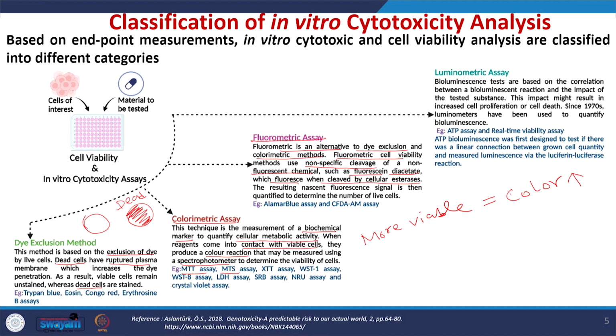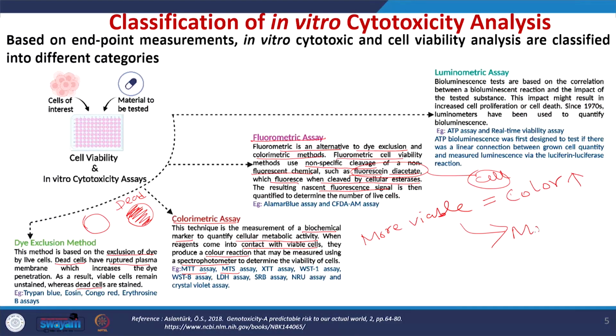When this dye enters the cell, inside the cell the cellular esterase will break the fluorescein diacetate and it will produce fluorescence. The fluorescence signal can be measured, and that can give the number of viable cells. If we have more viable cells, that means more fluorescence.